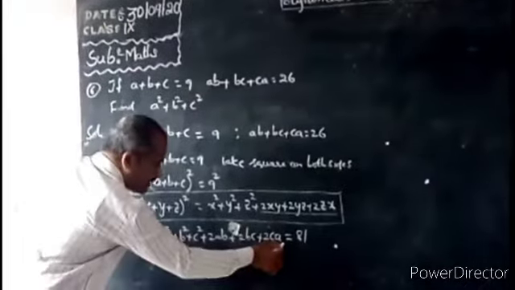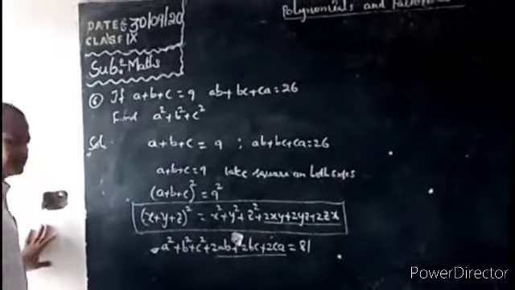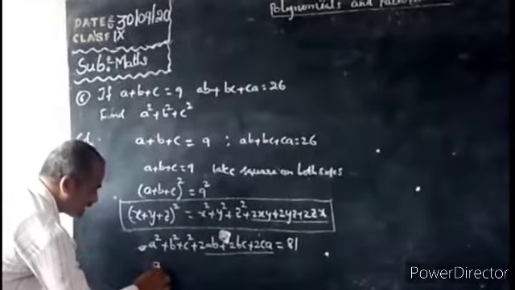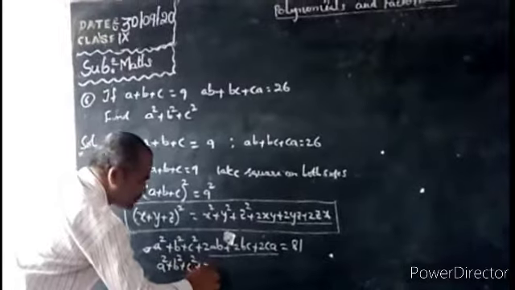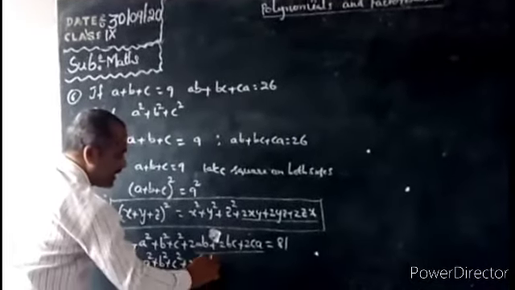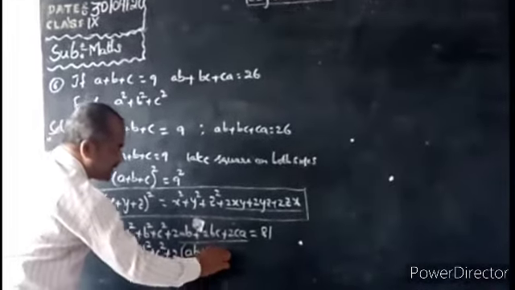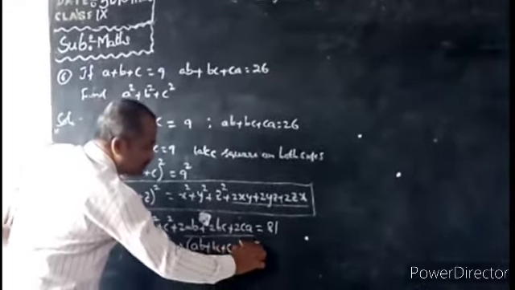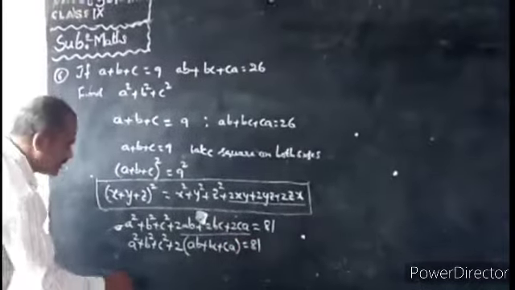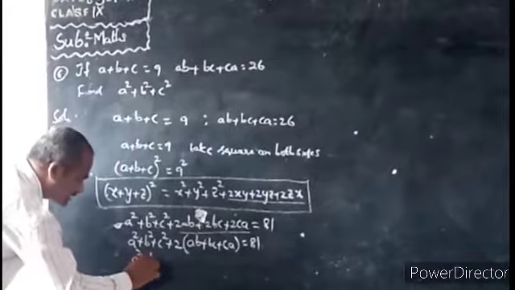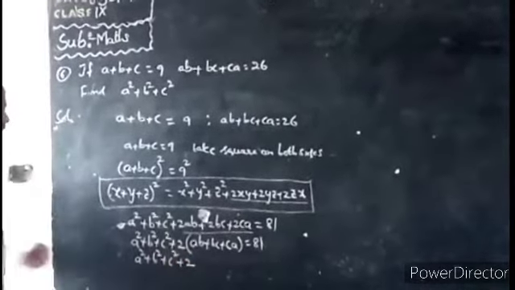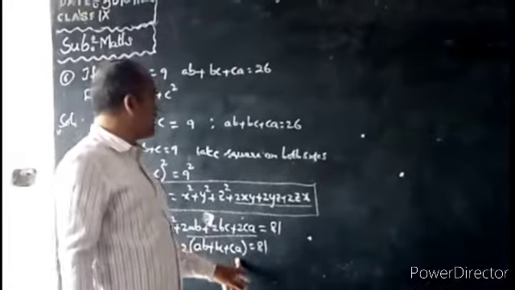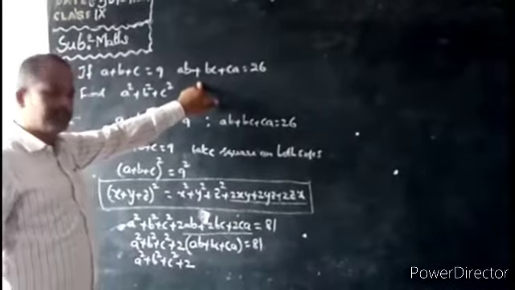Now in these three terms, 2 is common, so 2 is taken out. a square plus b square plus c square plus 2 of (ab plus bc plus ca) is equal to 81. Now the value of ab plus bc plus ca, how much is given in the question? 26.